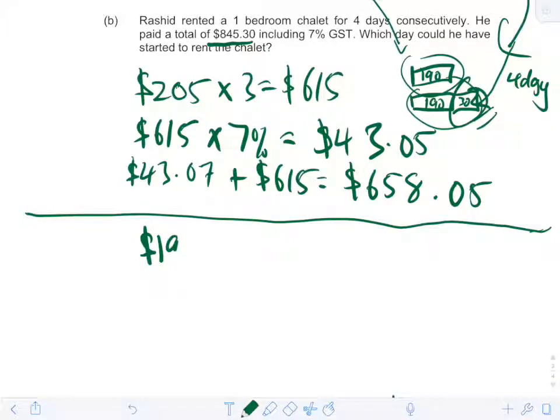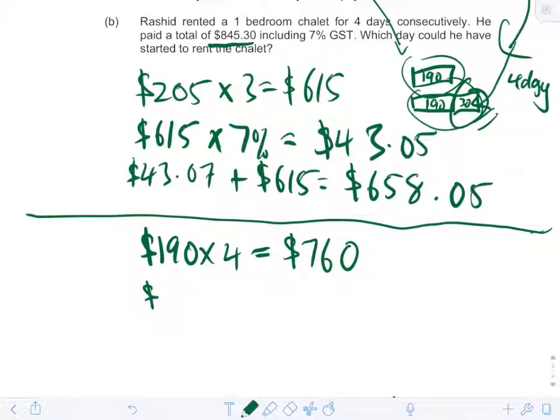845, right? So now we first take 190 times 4, will give you 800 minus 40, 760. Then next step we'll take the 8. Now this $843.30 includes the GST.